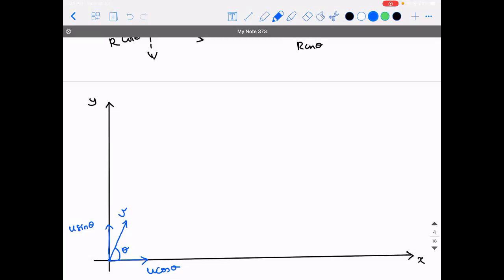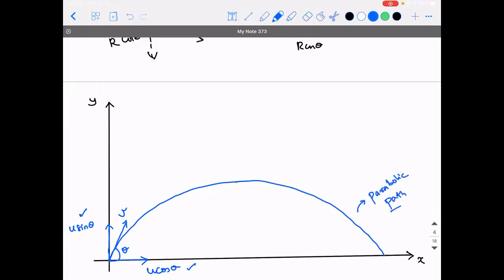It is because u cos theta is also existing, u sin theta is also existing, as a result of which the particle will travel in this kind of a path. And this is called the parabolic path. Clear, guys? So just give me a minute. If possible, I'll show you a simulation.